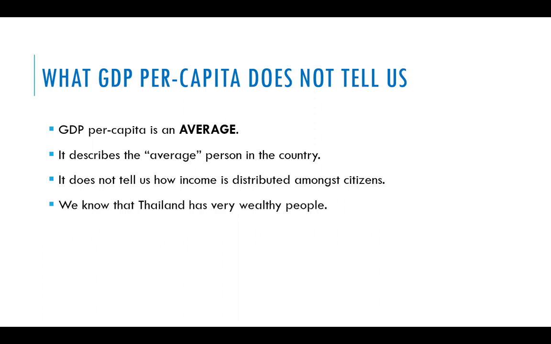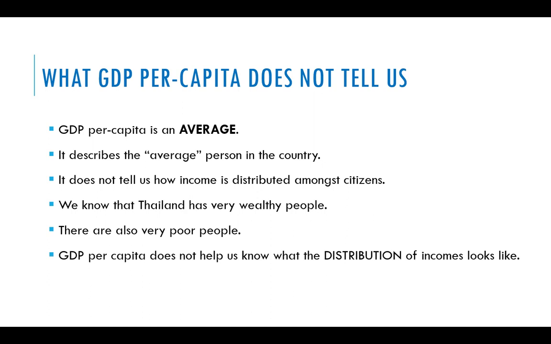We know that Thailand has very wealthy people, for sure, but there's also very poor people. And so GDP per capita doesn't help us know what the distribution of incomes looks like. Is it super wide where we have lots of people who are really rich and lots of people who are really poor, or is it a tighter distribution? Again, an average can't tell us that.